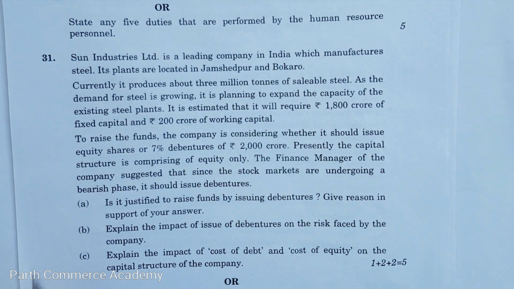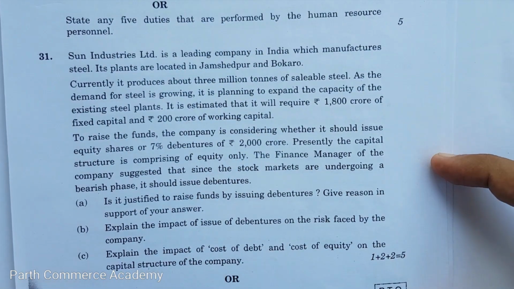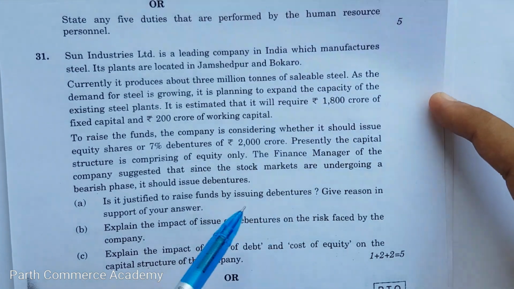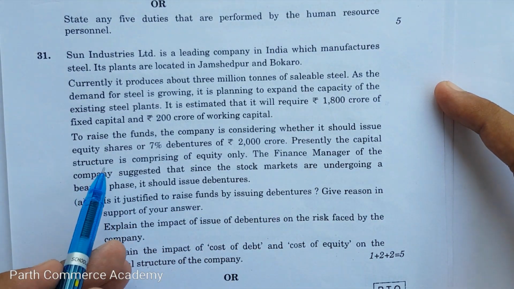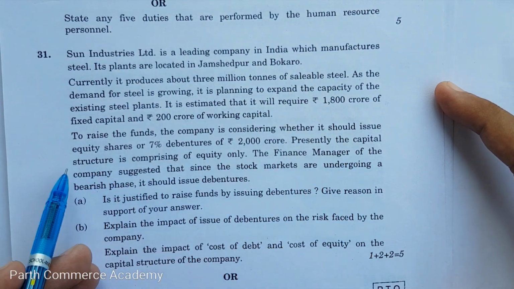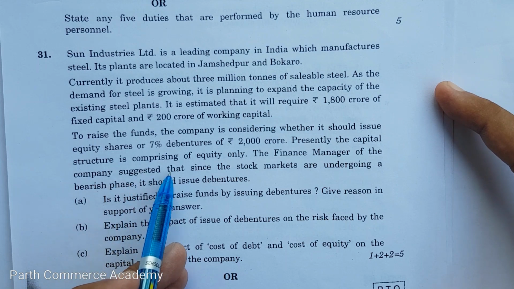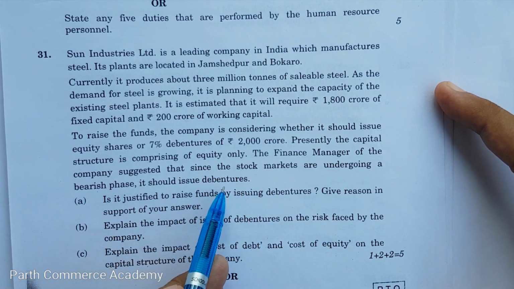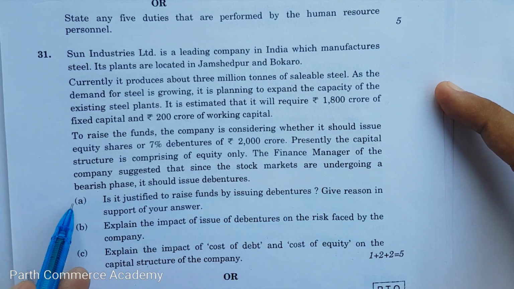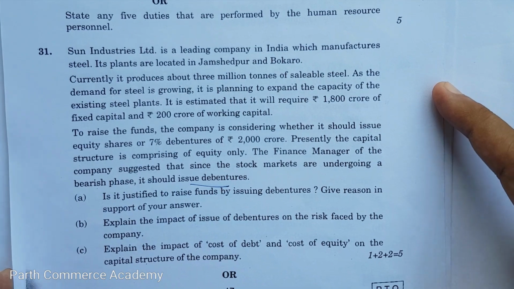To raise the funds, the company is considering whether it should issue equity shares or 7% debentures of 2000 crore. Presently the capital structure comprises equity shares only. The finance manager of the company suggested that since the stock markets are undergoing a bearish phase, it should issue debentures.